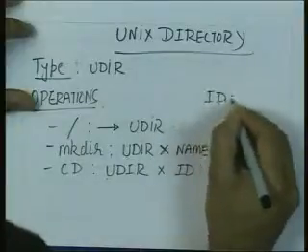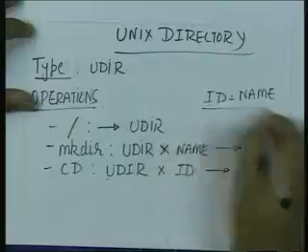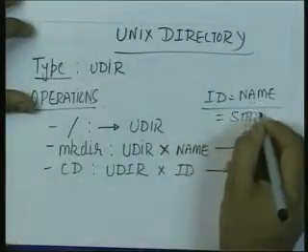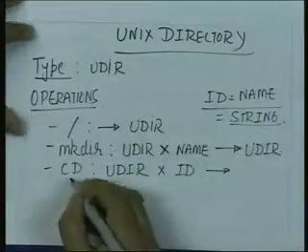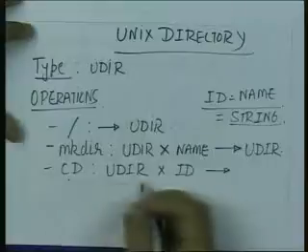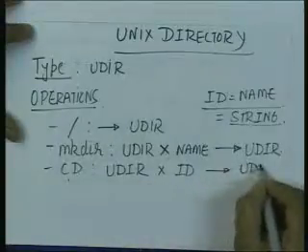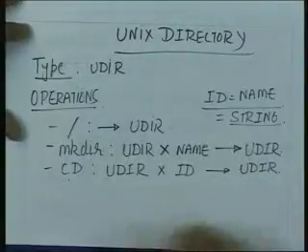So I am just going to write that down here so that there is no confusion. They are both strings. A path is nothing but a string as well. ID equals string. So the cd operation takes a Unix directory and the directory to which you want to go, and it lands you in that particular directory itself, right.